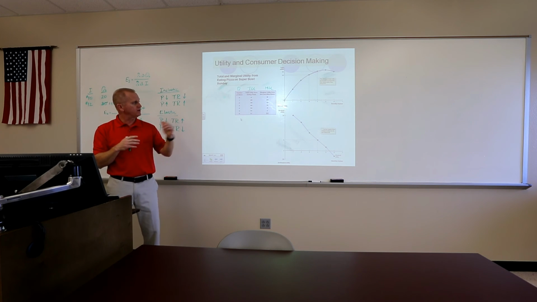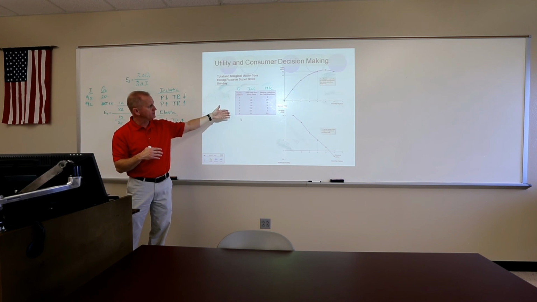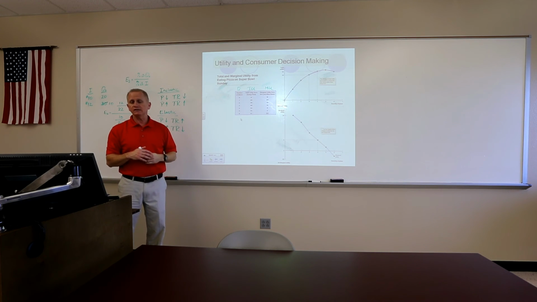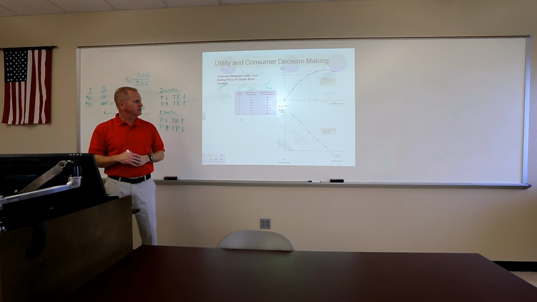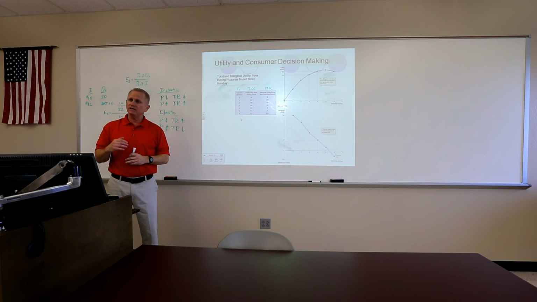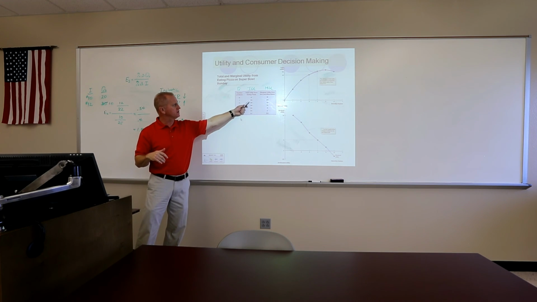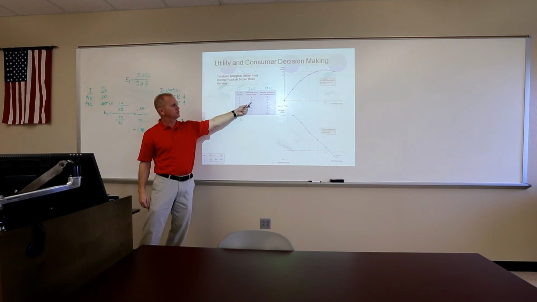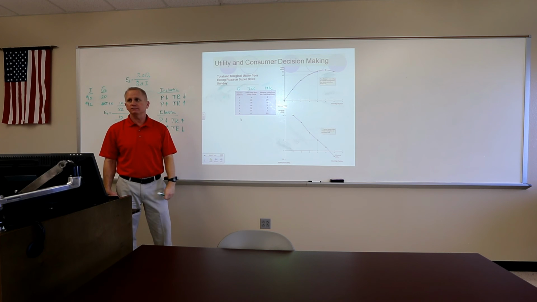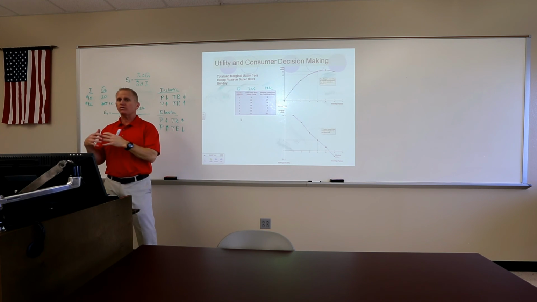But as the number of slices goes up, you'll see the total utility, the total satisfaction, is rising, but it's beginning to level off. You eat your first slice of pizza, and the total utility is 20. So it provided 20 units, or 20 utils, of satisfaction.